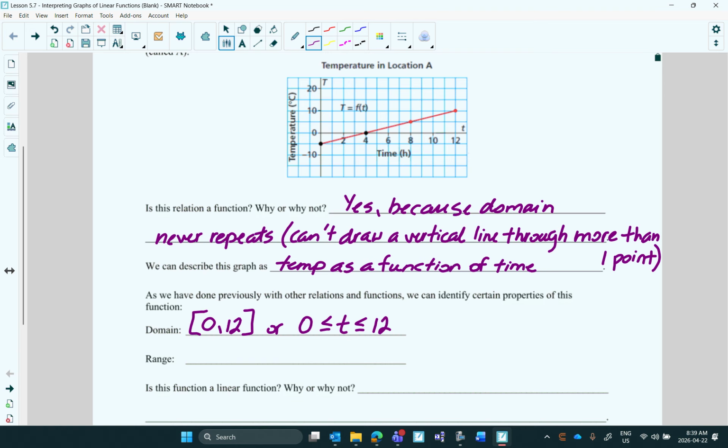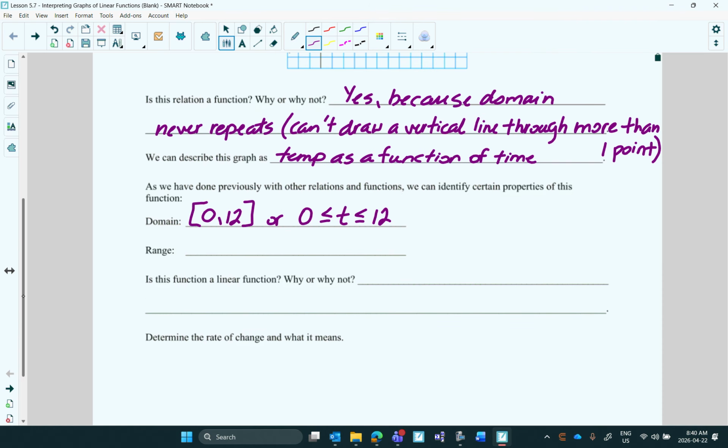Okay, now range, lowest y to highest y. Well, lowest y is? Highest y is? Right? So we go from -5 to 10, and we use that interval notation. Or if we use the other notation, we'd say it's between -5, it's capital T, not y, and 10.